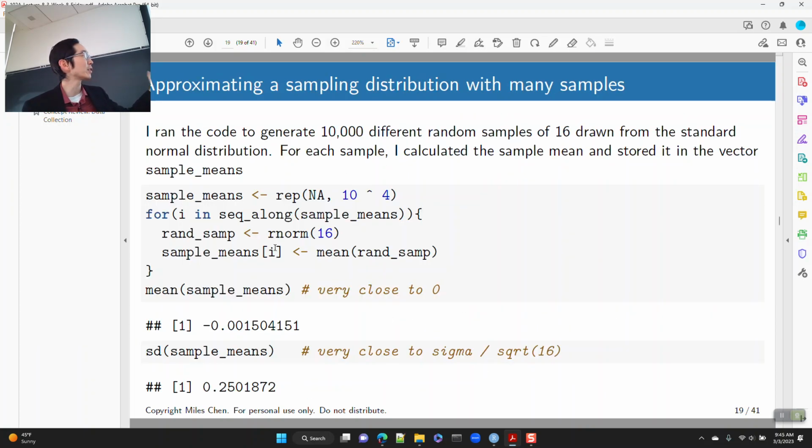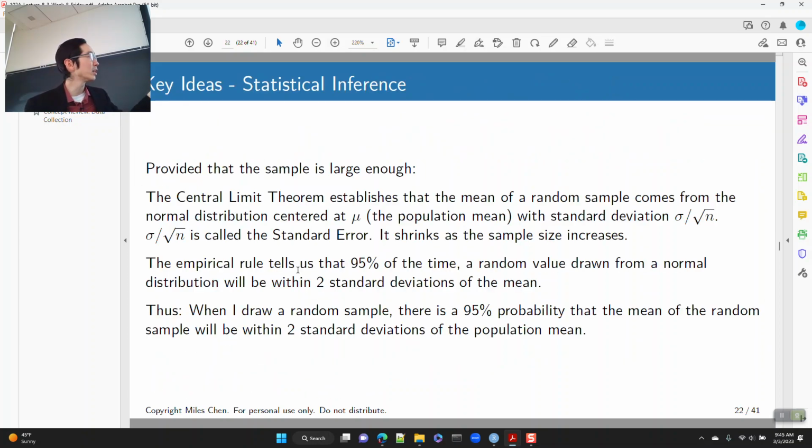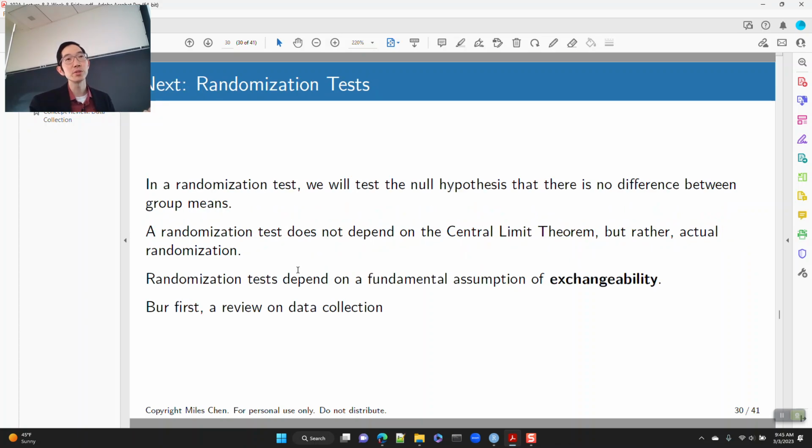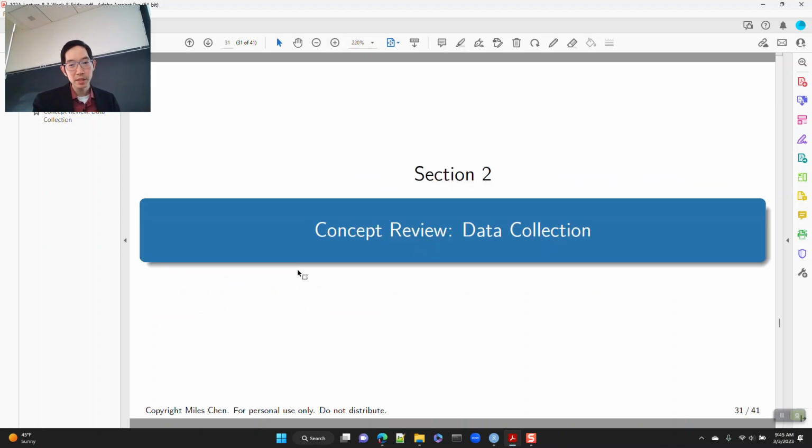Over here, I generated a sampling distribution. We're going to do something similar. What could happen by random chance? What kind of results could we get by random chance? How does that compare to the results that I see? So that's where we're going to go next week.